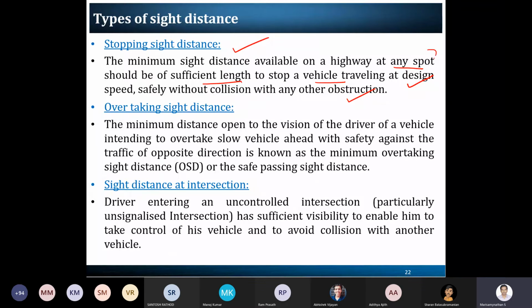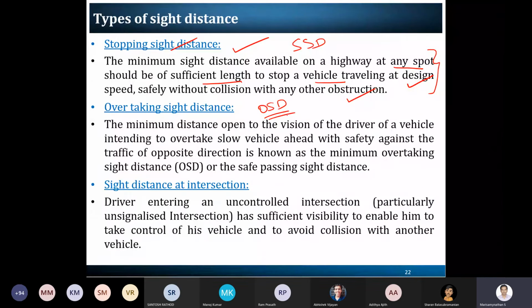So that distance, when you estimate and provide it in the field, is considered the stopping sight distance, SSD. Then the minimum distance with respect to the driver's vision when trying to overtake is considered the overtaking sight distance.